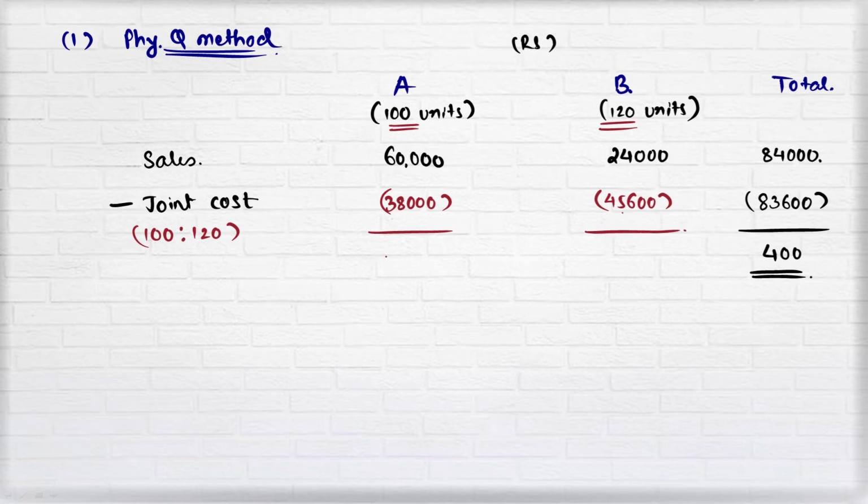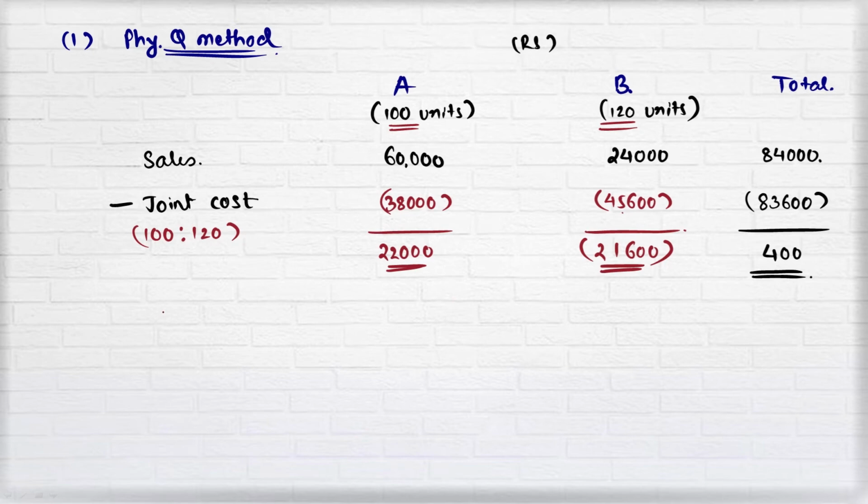In A, there will be profit of 22,000. And in B, there will be loss of 21,600. Total, there will be profit of 400. In the process, I have also distributed joint cost of 83,600.